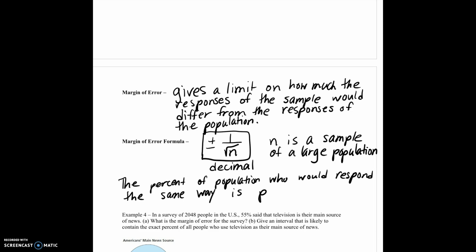This is the percentage minus 1 over the square root of n times 100 to make that into a percent. And it's between this value and p plus. I'm going to show this in the example, so I'm just going to write C example for where we're going to use that.